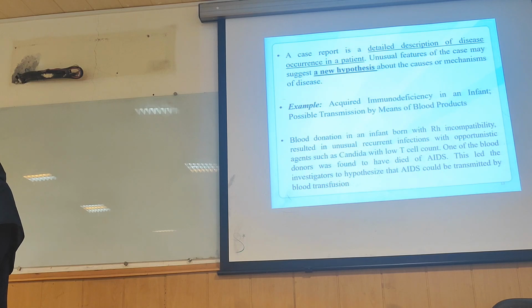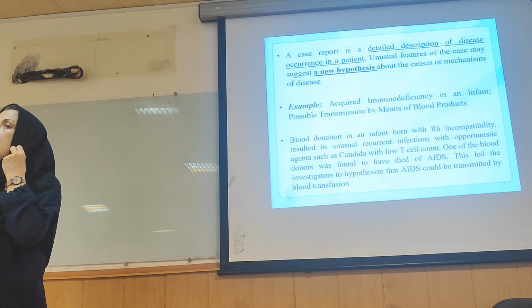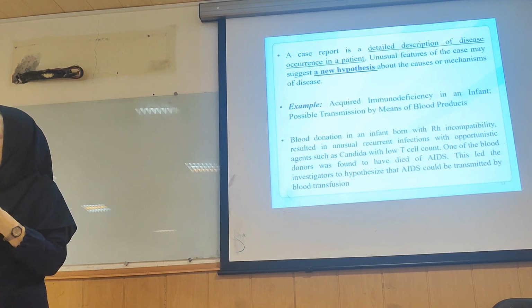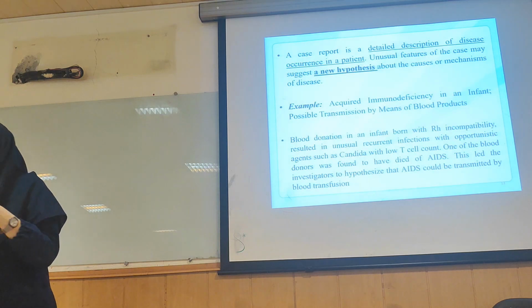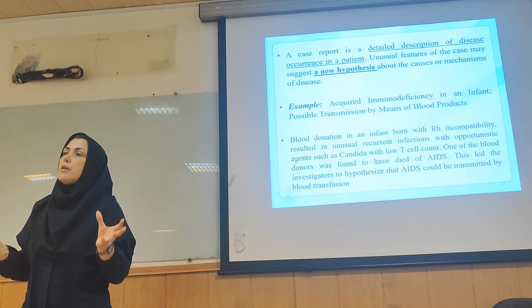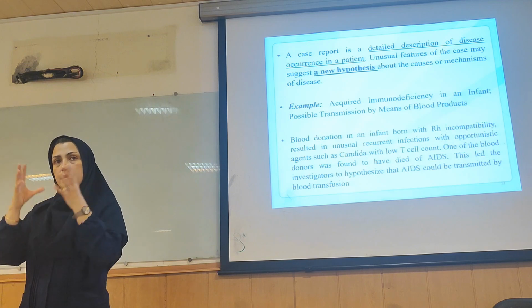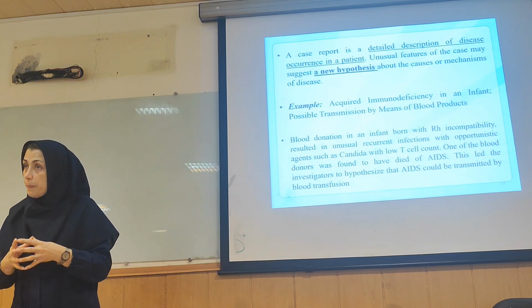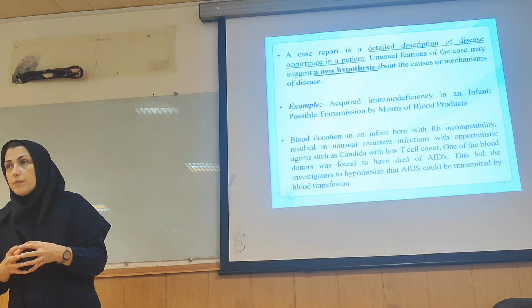It is a collection of cases, not a case report. A case report is a different kind of study that targets one case. But in a case series, you target more than one patient. You target several cases with patients suffering from the same disease. Very good, very good.